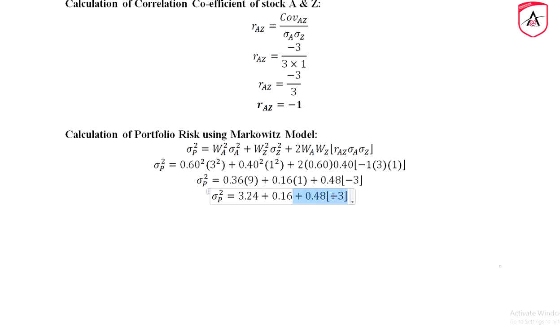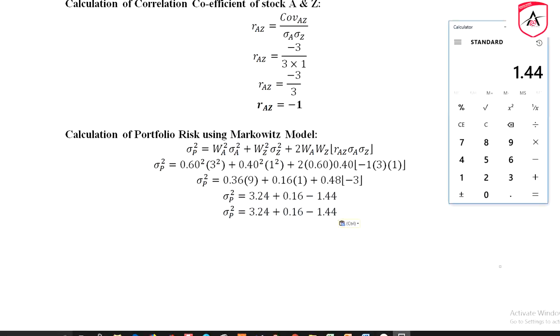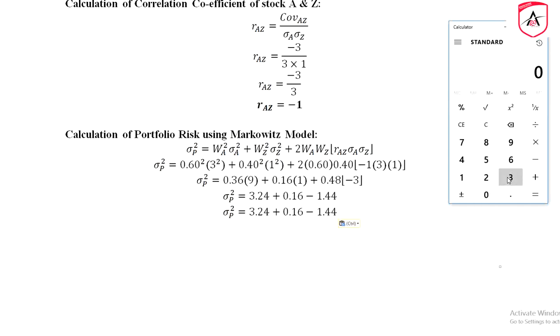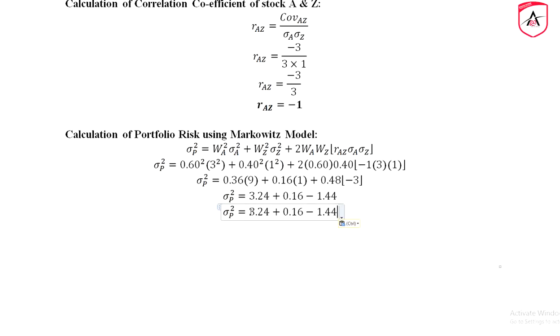It is minus 1.44. Now we have to add these two and deduct that one thing. 3.24 plus 0.16 minus 1.44, the value is 1.96.